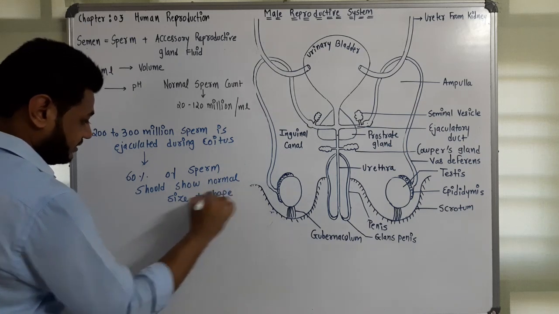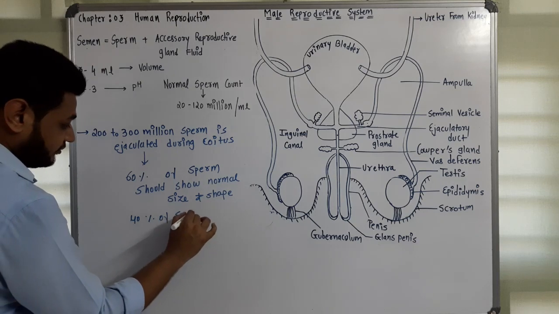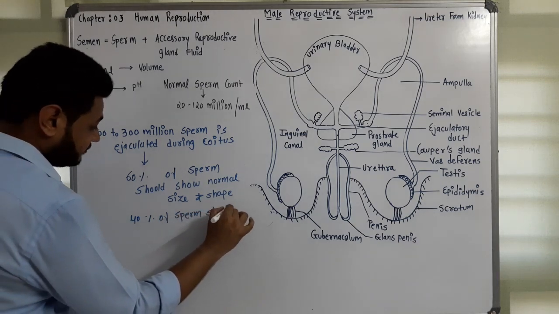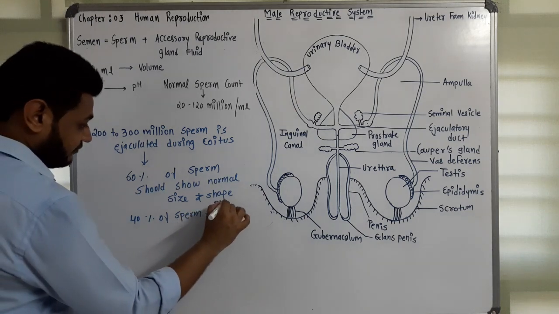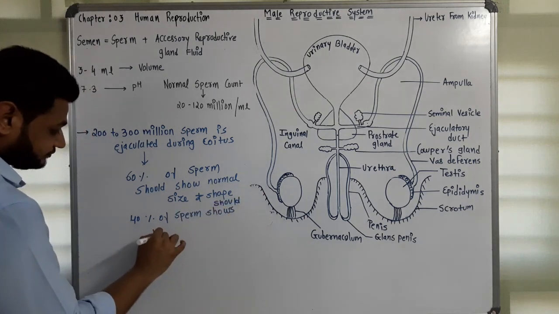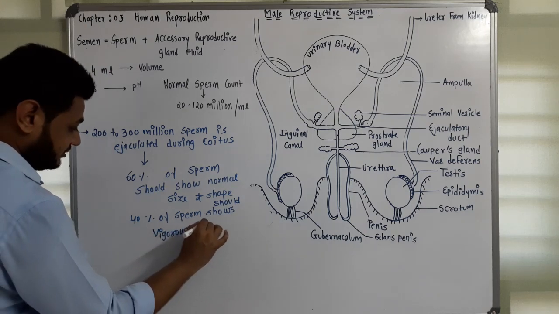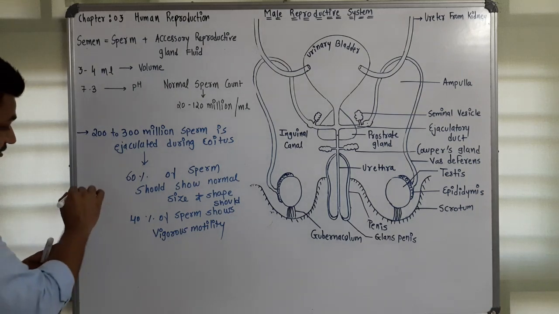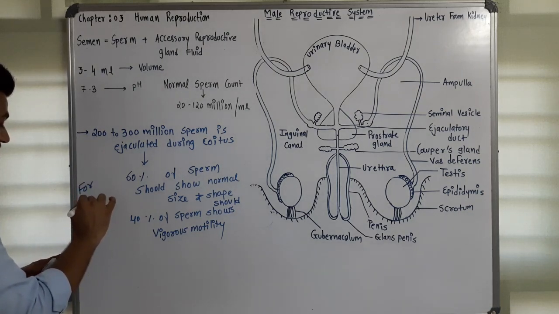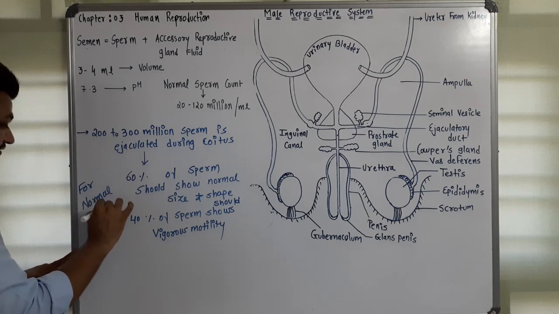And 40% of sperm should show vigorous motility. Okay, so this is about the sperm, for normal fertility. This is the requirement.